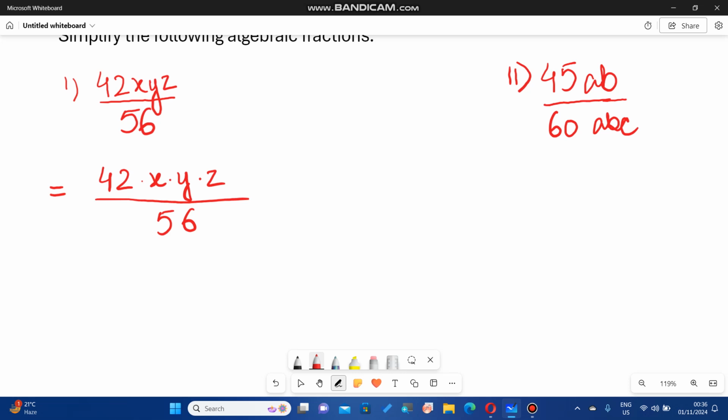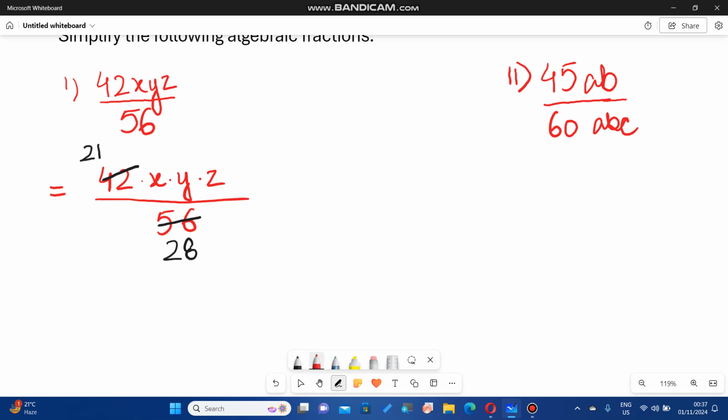The number that can completely divide 42 and 56 can be 2. We have 2 times 2 equals 4 and 2 times 1 equals 2. Then we have 2 times 2 equals 4 and 2 times 8 equals 16. We can further simplify this.